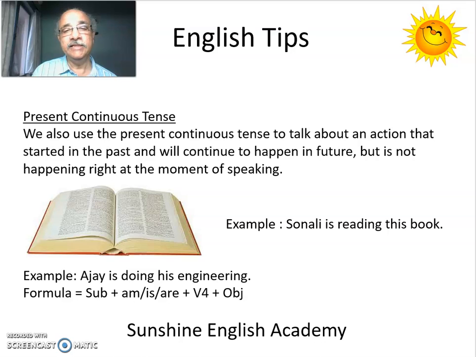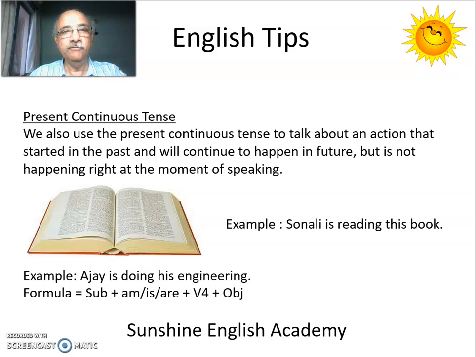So when we say Ajay is doing his engineering, it means he has completed part of his course and he is yet to complete the other part of his course. Maybe he has completed 1 year and he has still to do 3 more years. But we can use this sentence here. Ajay is doing his engineering.